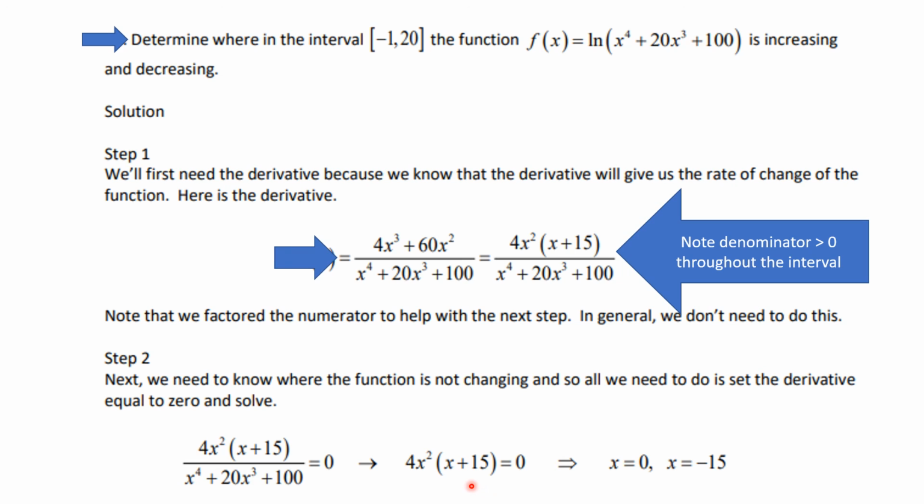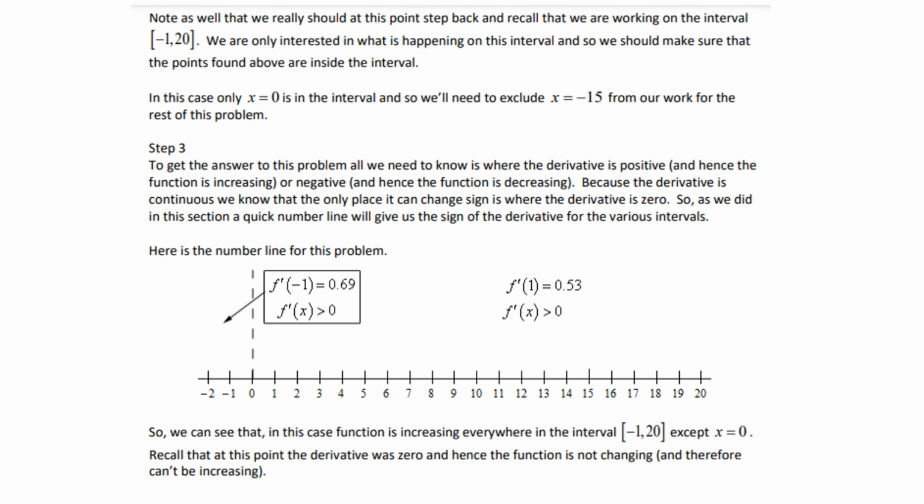So it is at 0 when x is equal to 0, or at -15. We don't really need to care about -15 because -15 isn't in this interval. So we're really going to be looking at x equals 0. That's the only point we need to see what happens.